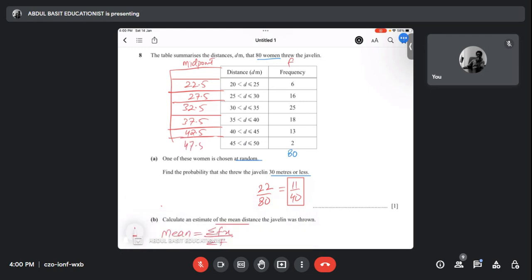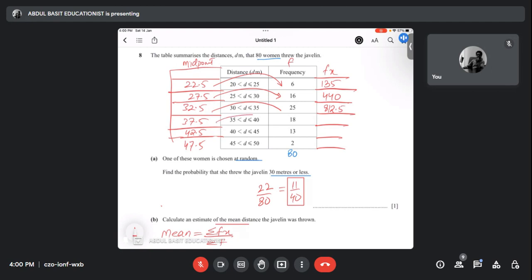So now we need fx. Please multiply the midpoint with the frequency. 22.5 times 6 is 135. Now 27.5 times 16 is 440. 32.5 times 25 is 812.5. Read it this way, 812.5.